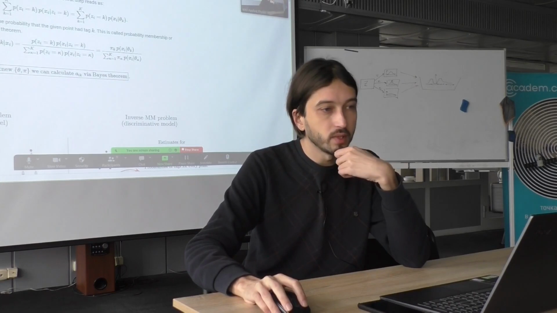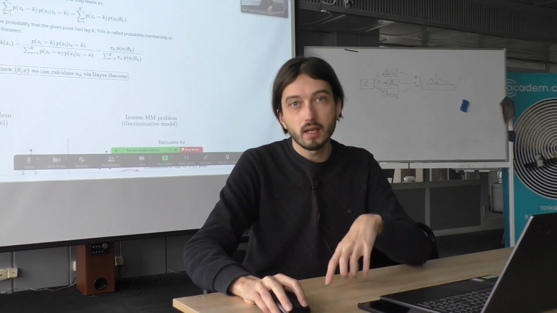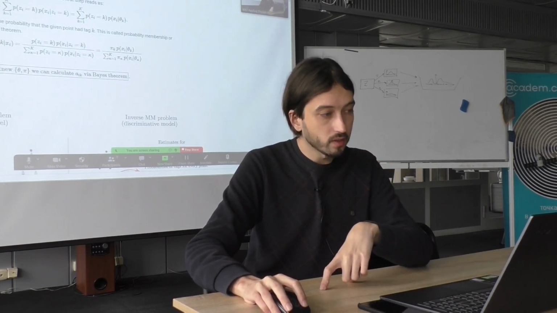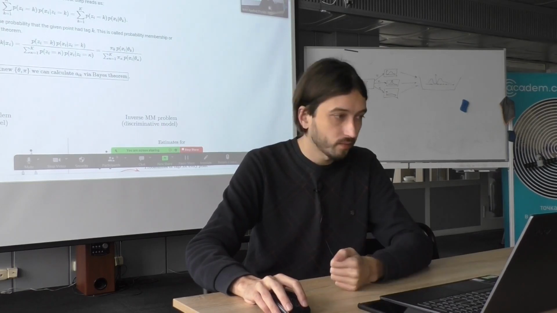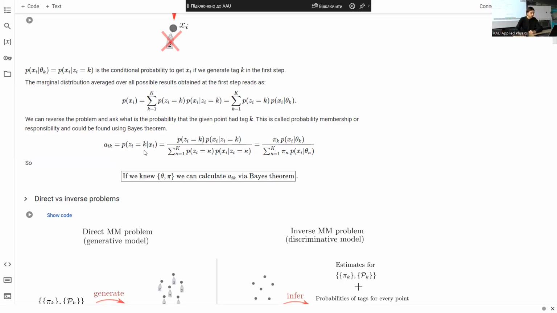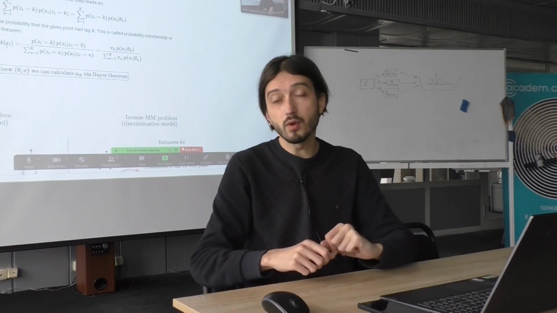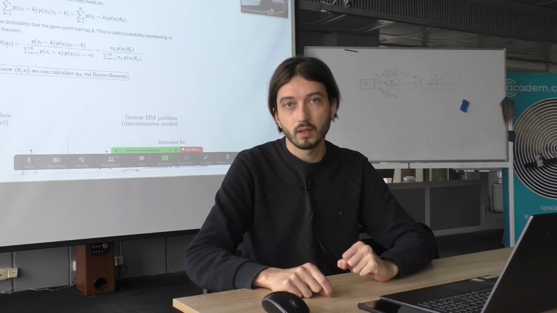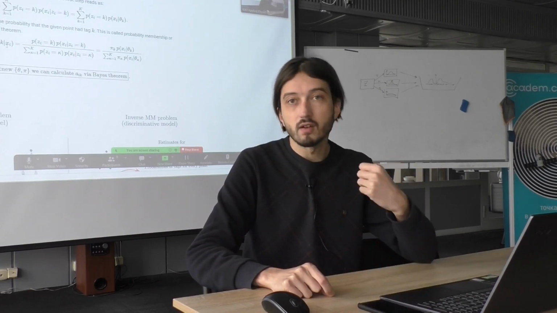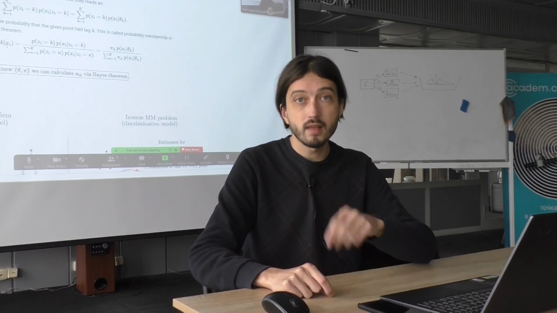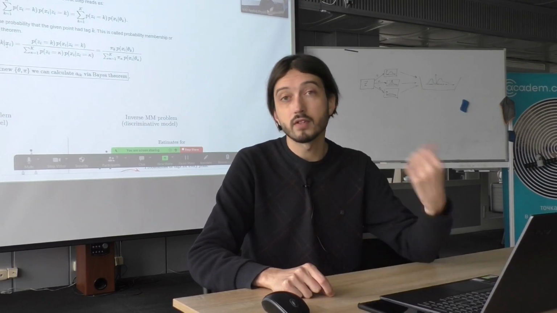So let me help you a bit. a_ik in here is very similar to what we had there. And here I define it as the probability of the label of this point to be k. So I have a point somewhere, and I'm asking myself, what is the probability that this point was generated with the first distribution?